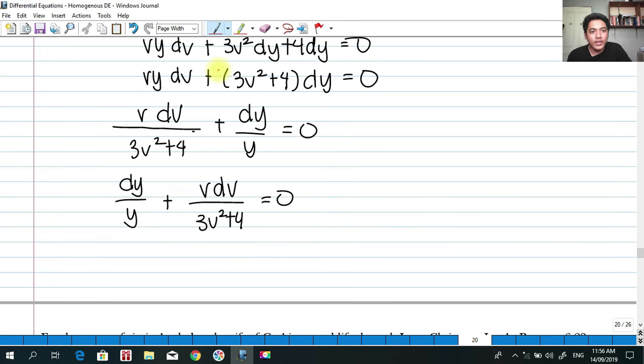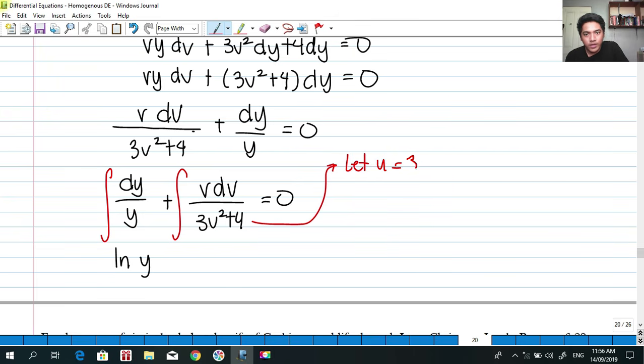And if I integrate that, because it is variable separable now, dy over y is simply ln of y. In this integrand, if we let u equal 3v squared plus 4 and differentiate u with respect to v, we get du over dv equals 6v, so du equals 6v dv, of which we have v dv here.